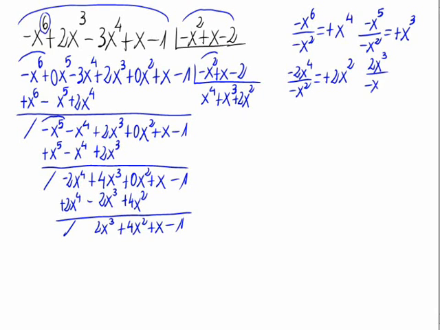Again, dividing the monomials, we would have 2x cubed divided by minus x squared is minus 2x. And let's write down the quotient.